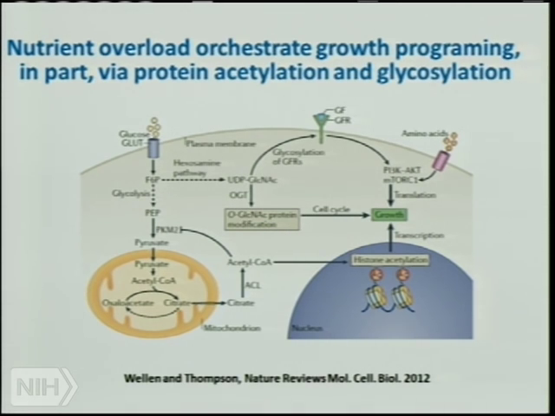But either glucose or fatty acids can generate a metabolic intermediate, acetyl-CoA, which in this schematic, through the citrate shuttle, gets out of the mitochondria and the acetyl group can be used to acetylate histones to then activate genes involved in growth, and amino acids act through mTOR, PI3 kinase, and AKT. So together, these metabolites can drive a lot of intracellular processes in the cell.